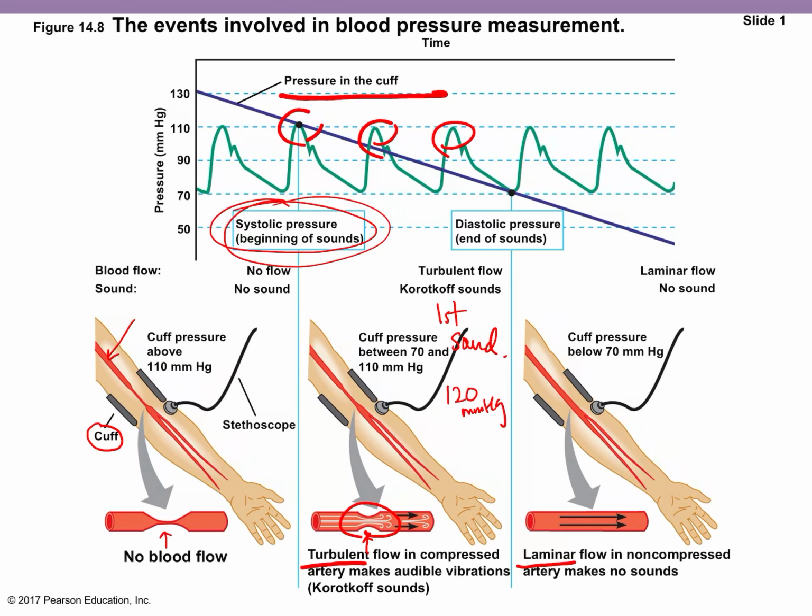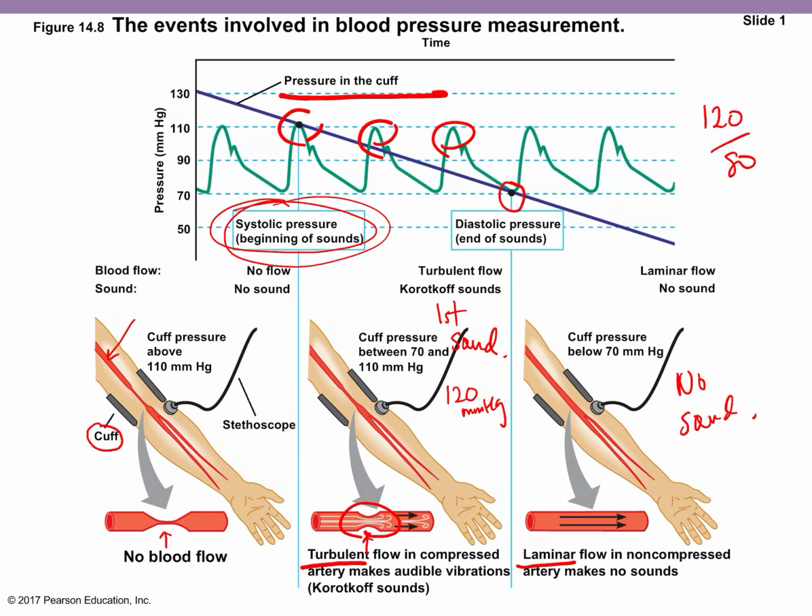When you've released the pressure off the brachial artery, blood goes through smoothly, and you hear no sound again. So you take your first number at the first sound, your systolic pressure, and your second number at the last sound, your diastolic pressure, and that's it. Normal blood pressure is 120 over 80.